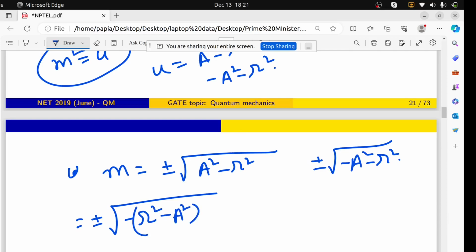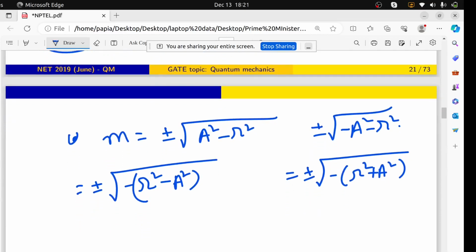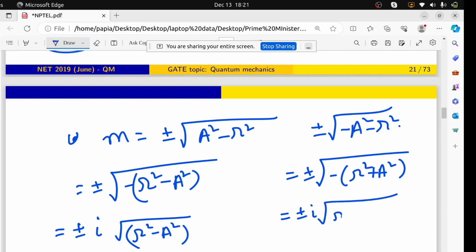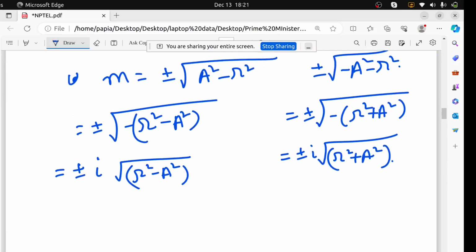I can also write it as minus of (ω² plus a²). Then what will happen? Plus minus i root over ω² minus a². Similarly here plus minus i root over ω² plus a². Do you understand? Because i is root over minus 1. Now our m is this one.